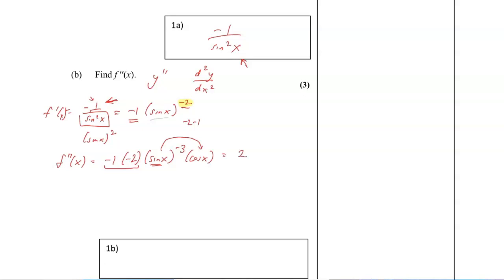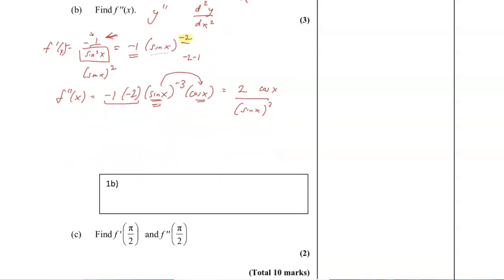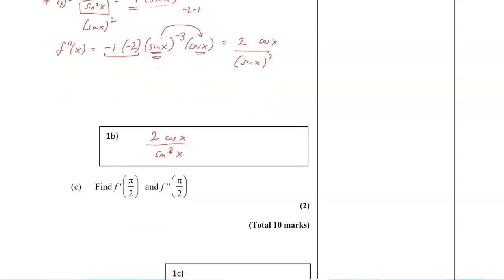And then if I want to, I could write the sine x in the bottom again. So this is the numerator and this is the denominator. I'm going to put sine x to the cubed. So if I want to, I could write it as 2 cosine x divided by sine cubed x. I use that notation where I put the cubed right next to the sine, and then I don't need to put parentheses. Okay, so that was the second derivative.